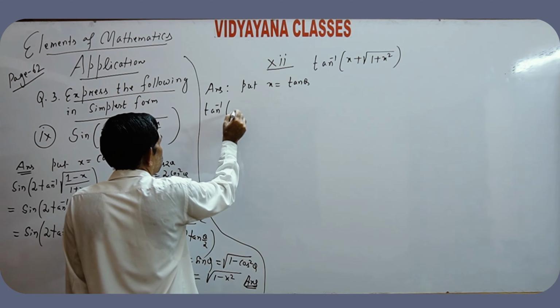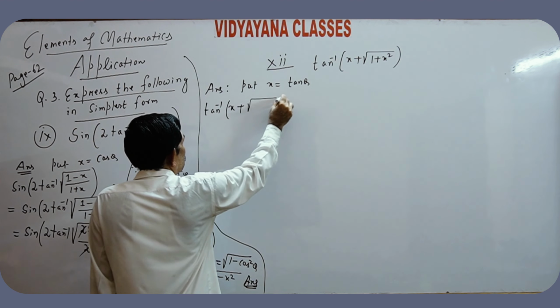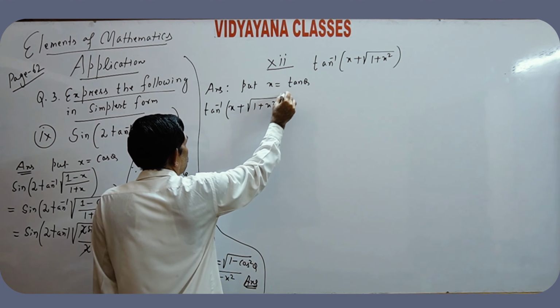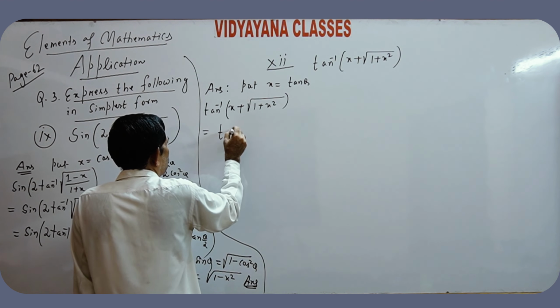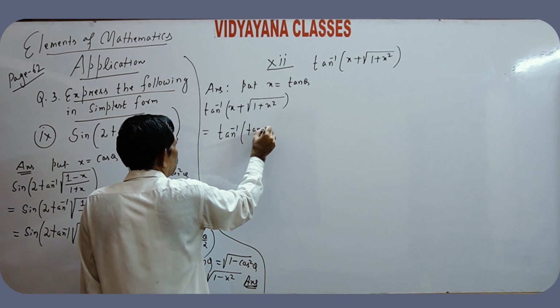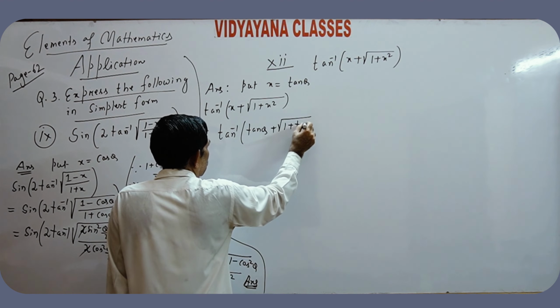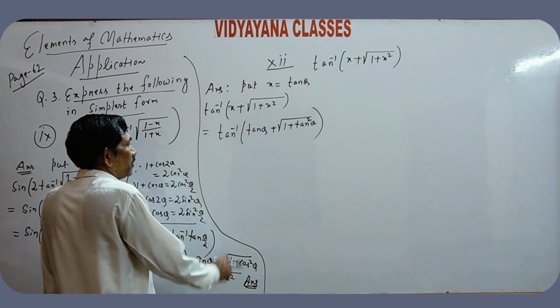Tan inverse of x plus root of 1 plus x square, which is same as tan inverse of tan theta plus square root of 1 plus tan square theta. Clear?